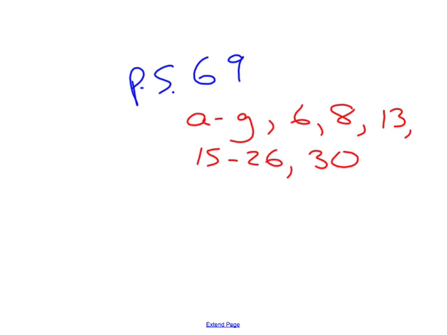Plus 2, minus 4. I know it's a little bit of a hassle today. That's why I'm only asking you to do it today, just to practice it a little bit.